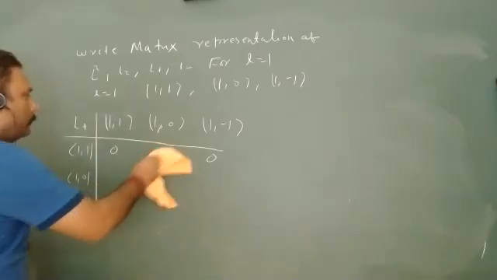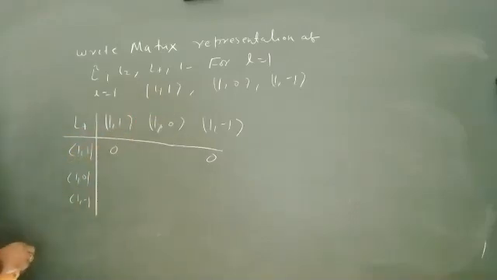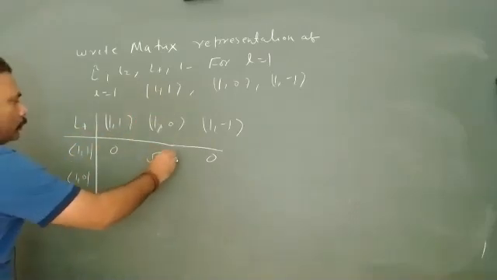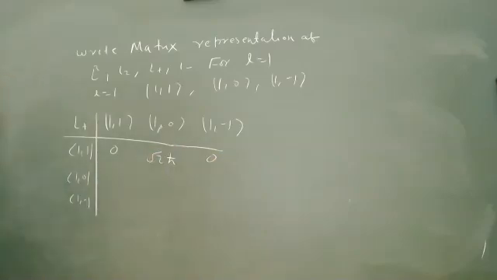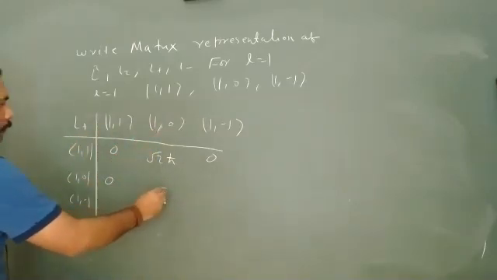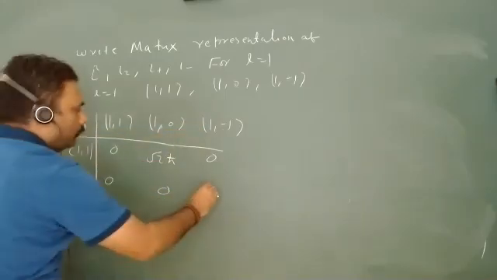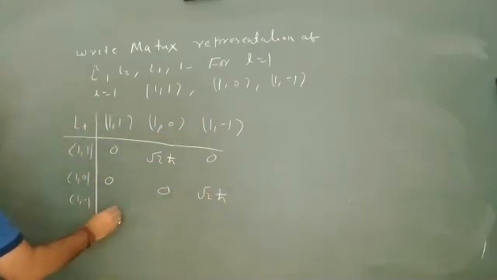Sorry, this will have some number. L plus will operate on this: root 2 h cut times |1,1>, so this will be root 2 h cut. Another term is 0, because it is |1,1>. And this term will be |1,0>, so this will be root 2 h cut. All other terms will be 0. So this is an upper triangular matrix.